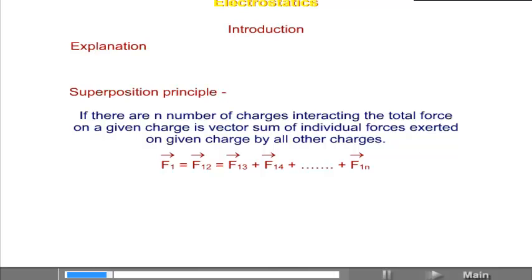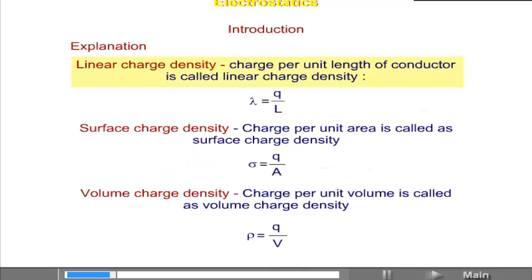F1 = F12 + F13 + F14 + ... + F1n. Linear charge density: charge per unit length of conductor is called linear charge density. λ = Q/L.